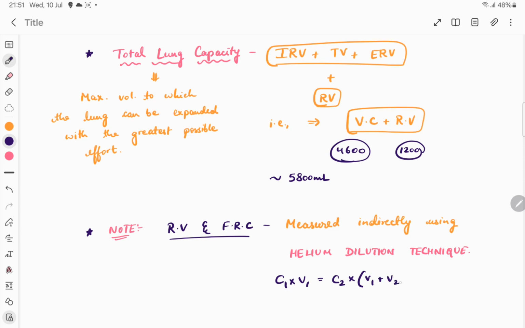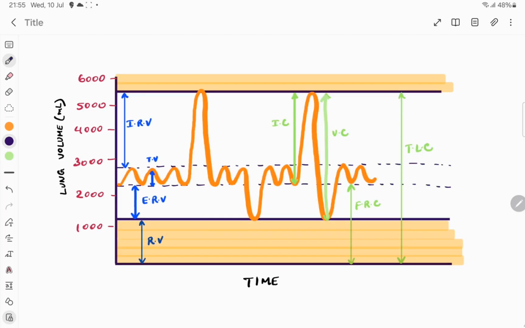Here, C1 is the initial concentration of helium in the spirometer, whereas V1 is the initial volume of oxygen mixture in the spirometer. C2 is the helium concentration after equilibrium, and V2 is the unknown volume in the lungs. So that is how we find out V2 using this formula.